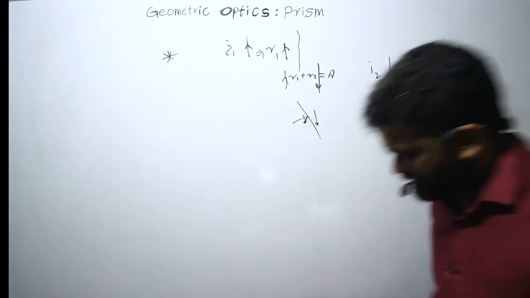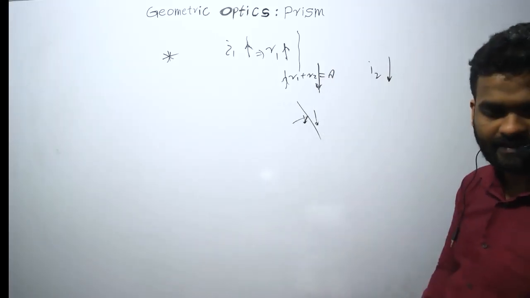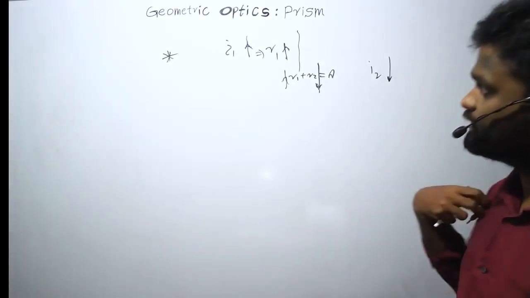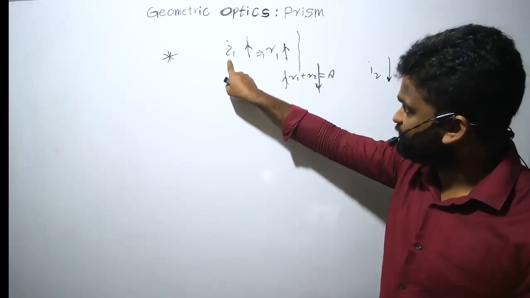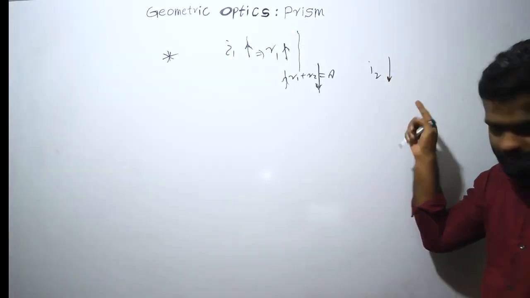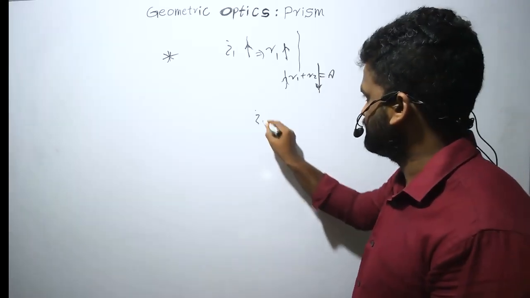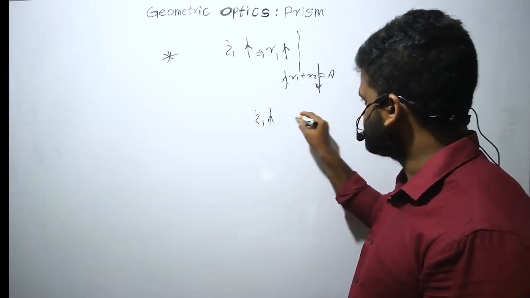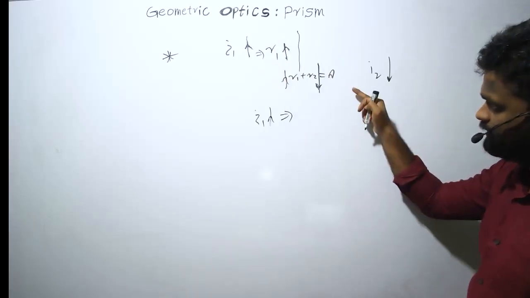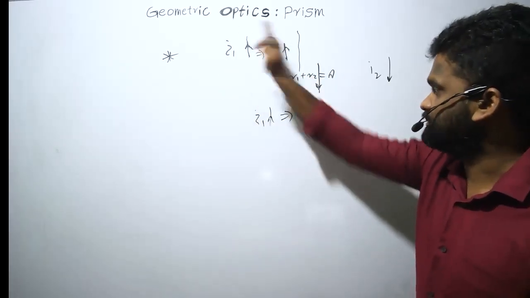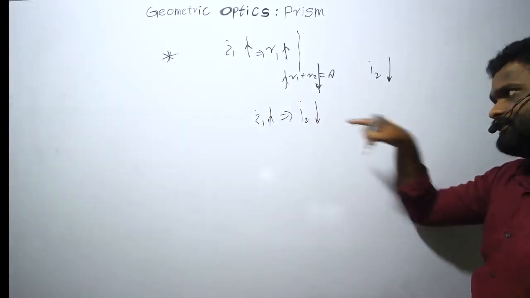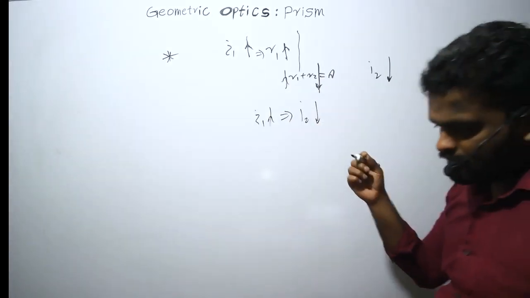So finally, what has happened? When I1 increases, I2 decreases. That's the final thing, right? I1 increased, I2 decreased. Okay.